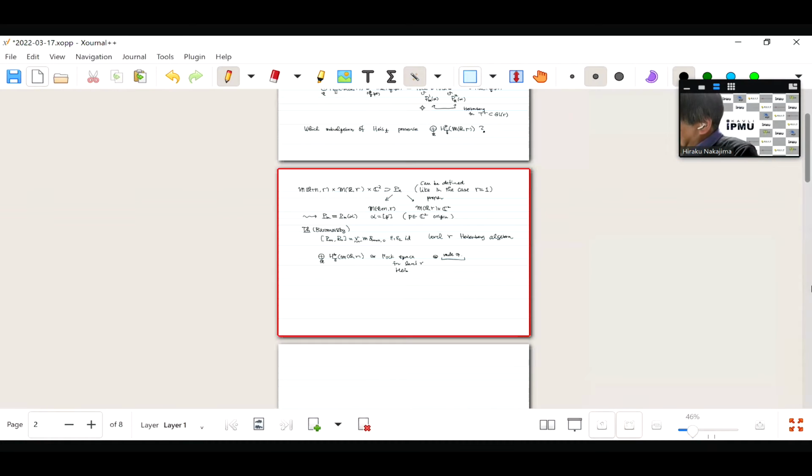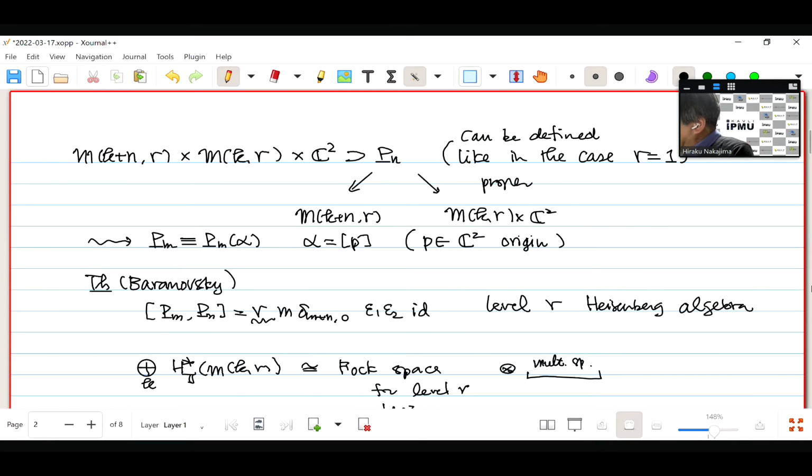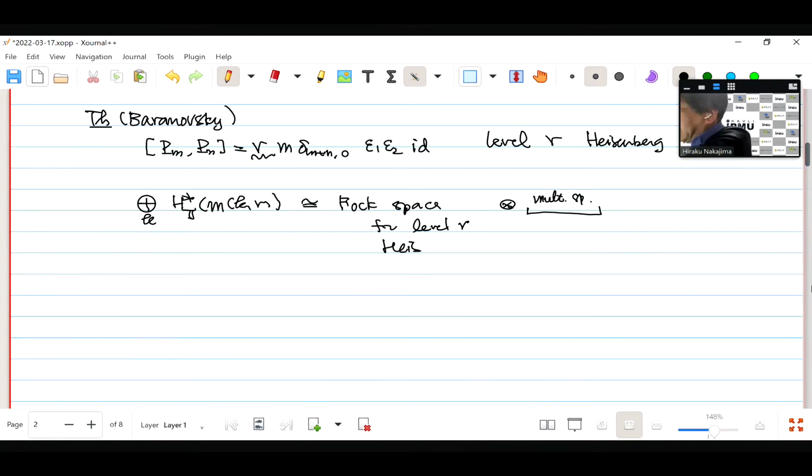And in fact, this has a geometric realization: it is isomorphic to the so-called equivariant intersection cohomology of the Uhlenbeck space.